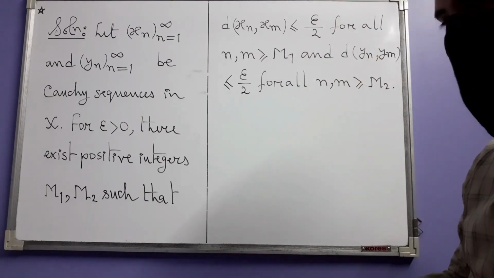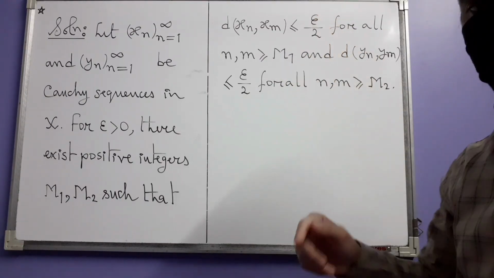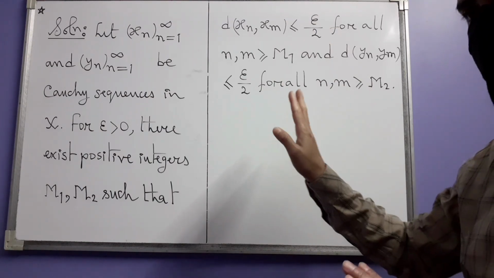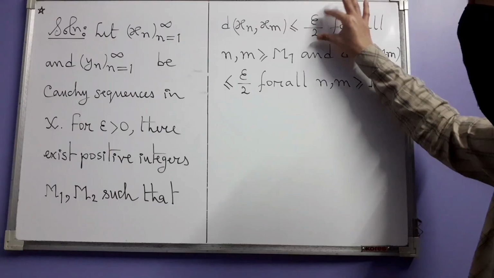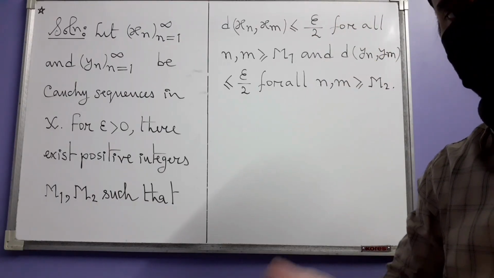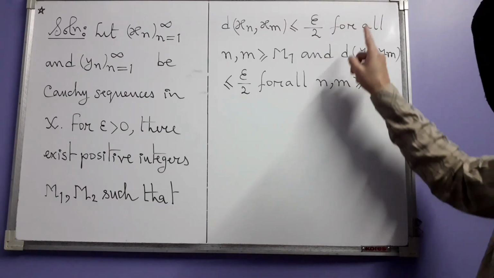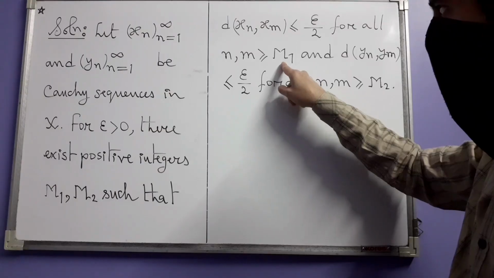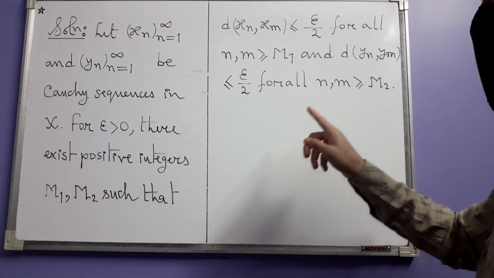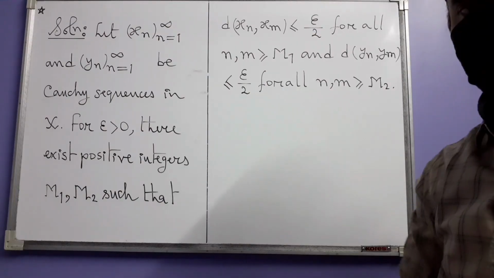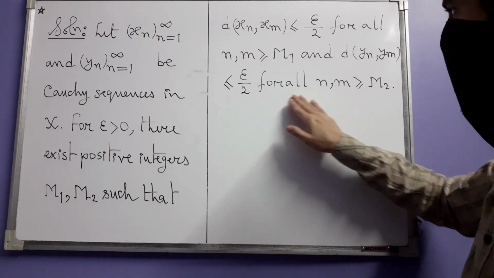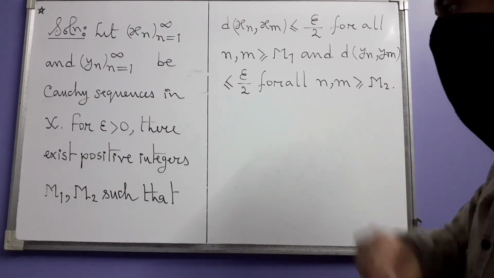We could have written epsilon here, but anticipating something in advance, we have chosen epsilon divided by 2 so that things get adjusted later. This holds for all n and m greater than or equal to m1, and similarly d(yn, ym) is less than or equal to epsilon over 2 for all n and m greater than or equal to m2.